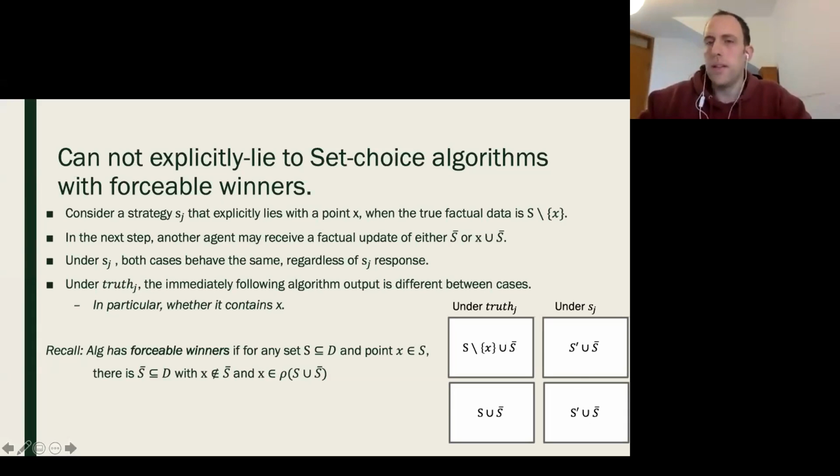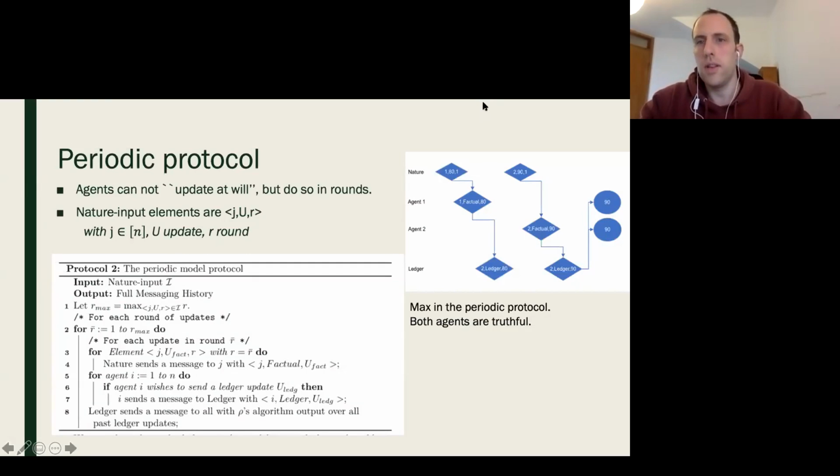And no matter what the agent would subsequently do, the input that the ledger sees would stay the same. So it's going to be the same algorithm outputs, and the observed history for the agent is going to be the same. So the agent would not be able to infer what happens under truthful. Okay, this is it for the continuous protocol.